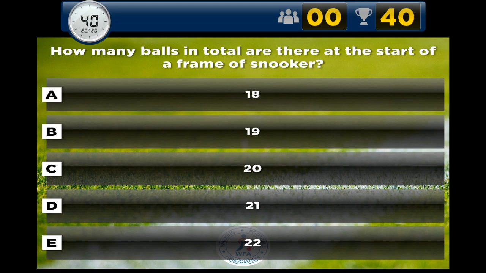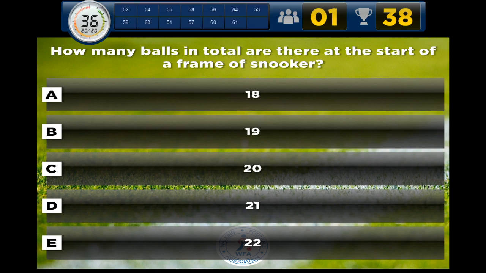How many balls in total are there at the start of a frame of snooker? 18, 19, 20, 21 or 22? Your final question. So the total number of balls on the table at the start of a frame of snooker. 18, 19, 20, 21 or 22.